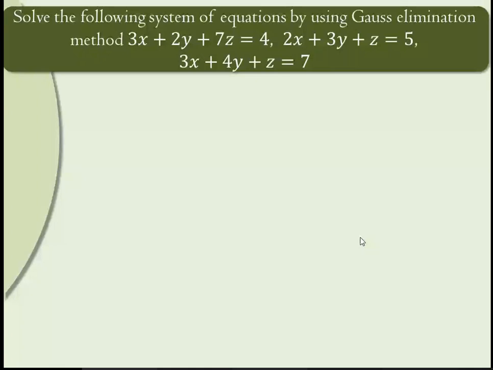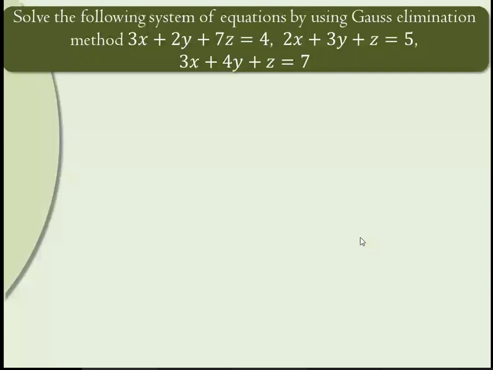Okay, now consider the next problem. Solve the following system of equations by using Gauss elimination method. 3x plus 2y plus 7z equal to 4, 2x plus 3y plus z equal to 5, 3x plus 4y plus z equal to 7.